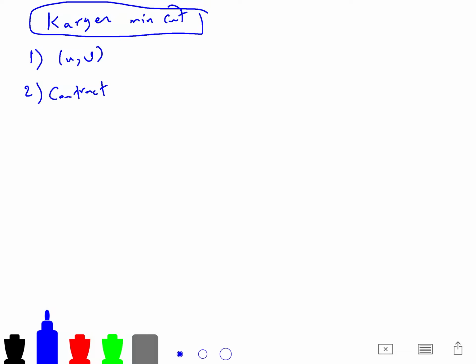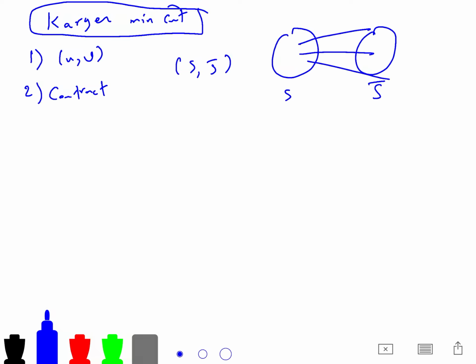And so today I want to just analyze this beautiful algorithm mathematically. So we fix some min cut S and S bar, going from S to S bar. So we say this edge, this red edge, is safe if it is not one of the crossing edges.